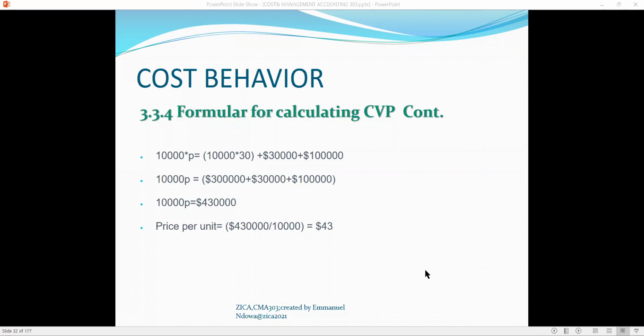We said the total variable cost is 40,000. The fixed cost remains 30,000, and our profit is going to be 150,000. We then need to come up with the number of units which we need to produce as we are selling at $53 in order to come up with our profit of 150,000.